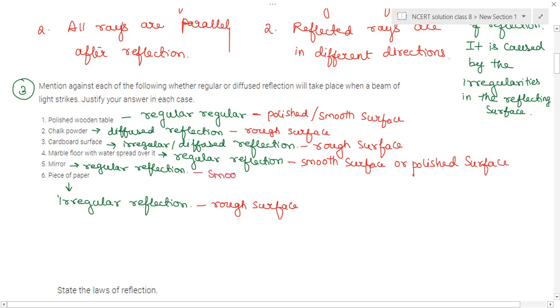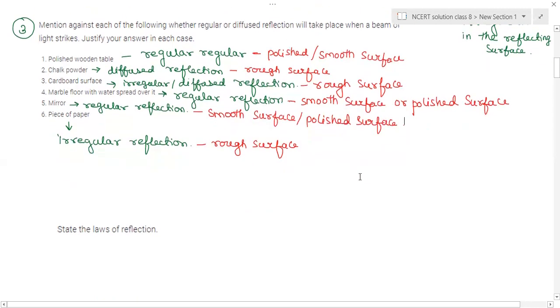Here, polished surface is one of the best ones, so you can always write it confidently.